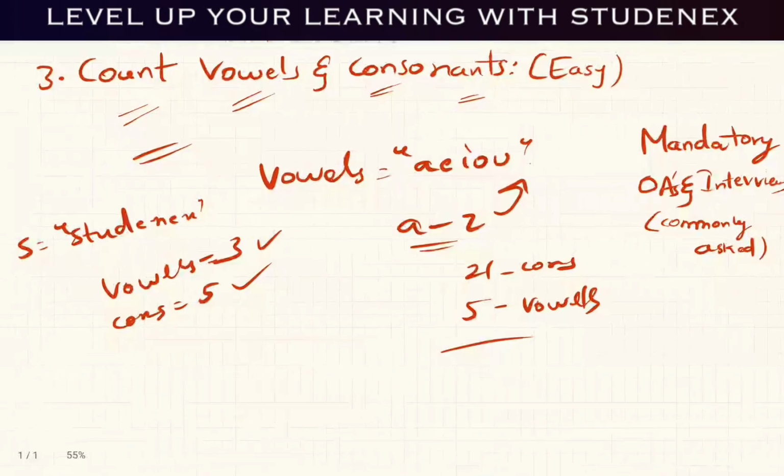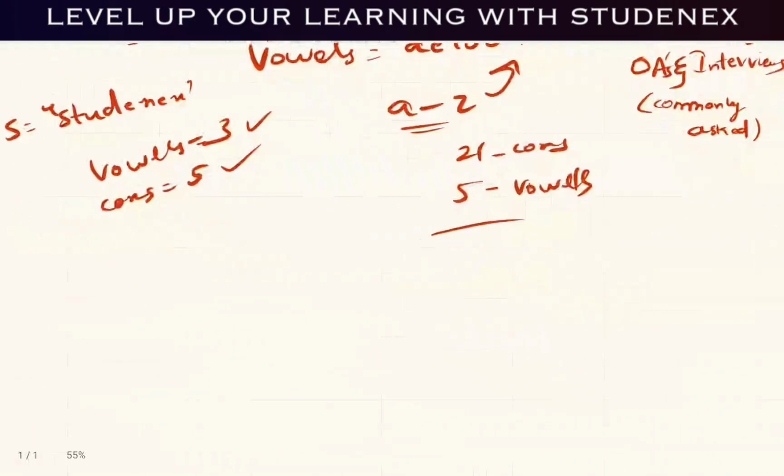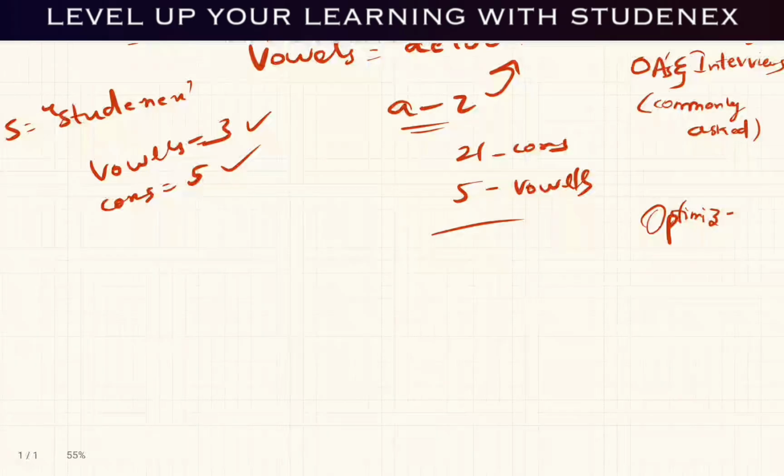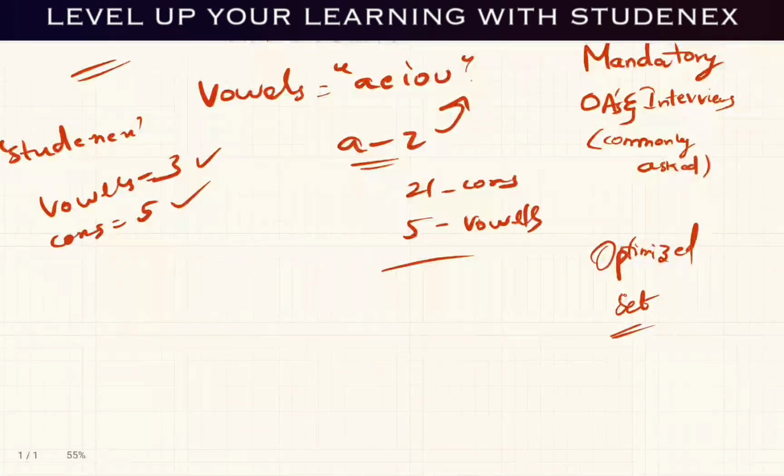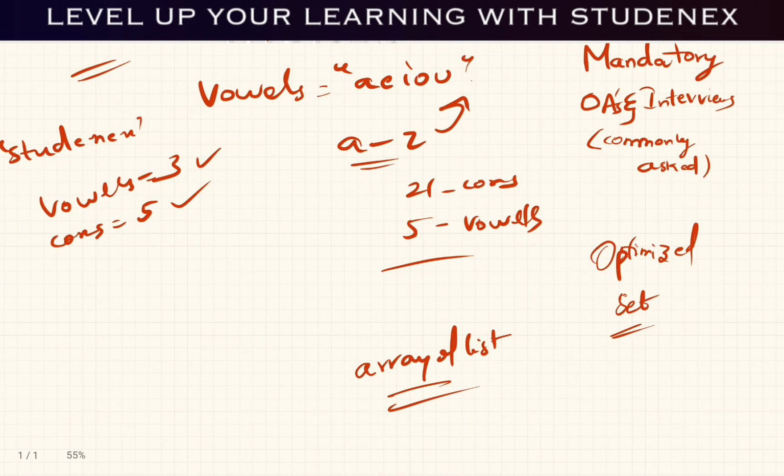So what am I going to do? I'm doing an optimized solution for this. For that I'm going to use a set. Accessing the particular elements in an array or list would probably not be optimized.